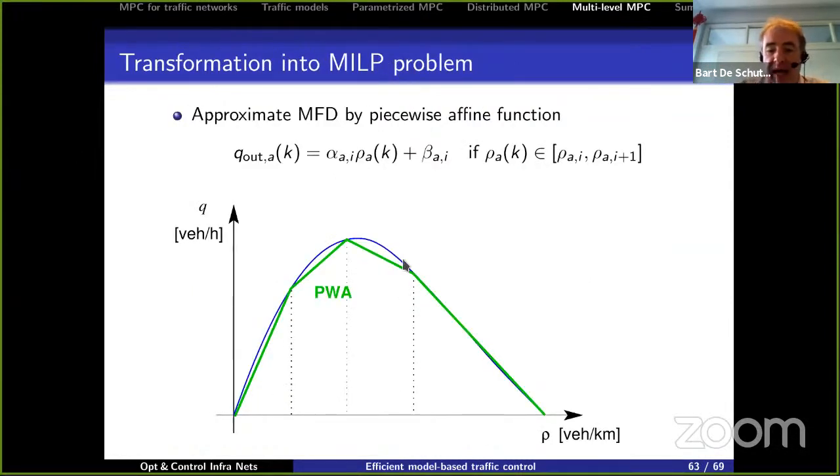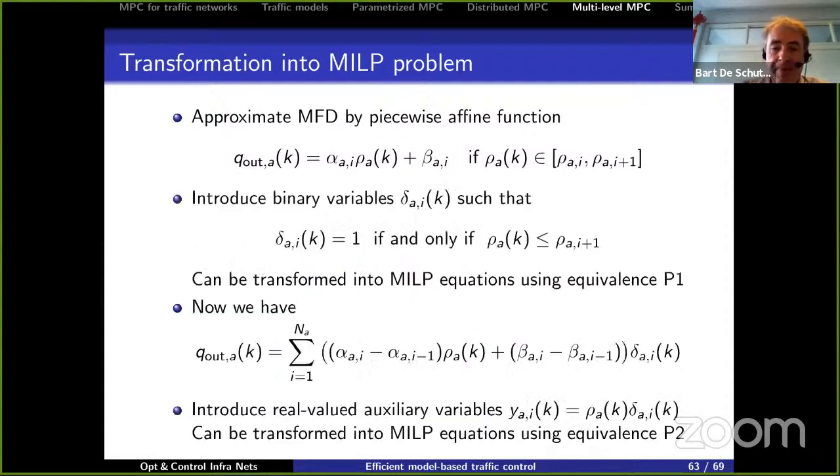So now if we have this nonlinear function that we had initially, then we can approximate it in a piecewise affine way. We are going to divide the whole density range into a certain number of regions, and in every region we approximate the nonlinear function in a linear way. So we get a piecewise affine function. And that means that we can approximate the nonlinear function in this way.